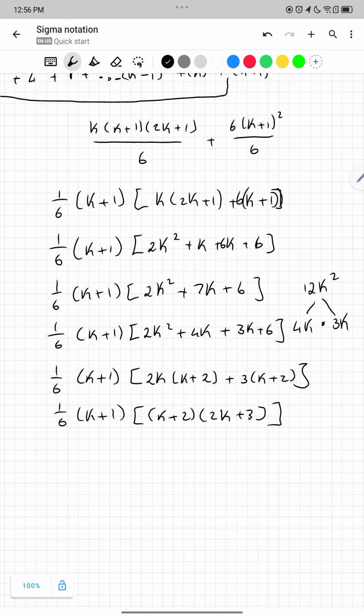Okay, set. Now, we're going to have k plus 1, please note the following, then we're going to have (k plus 1) plus 1, and we're going to have 2(k plus 1) plus 1.